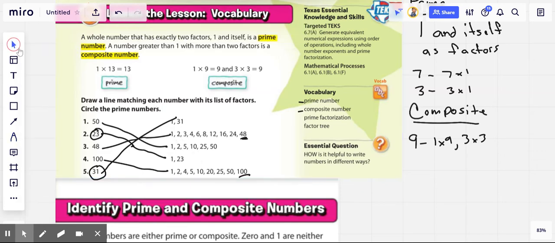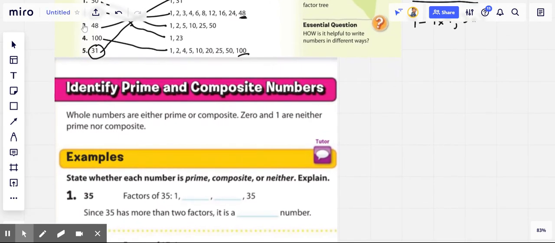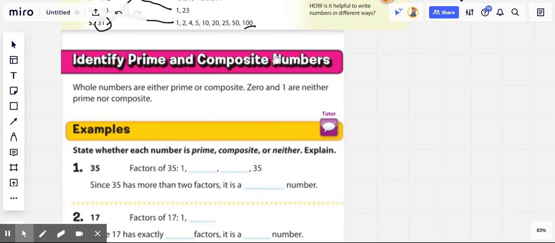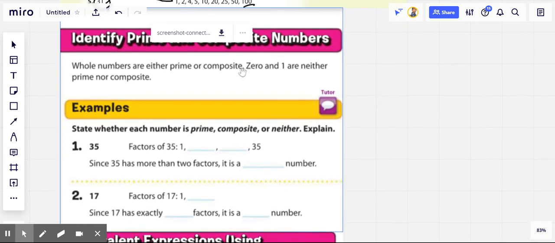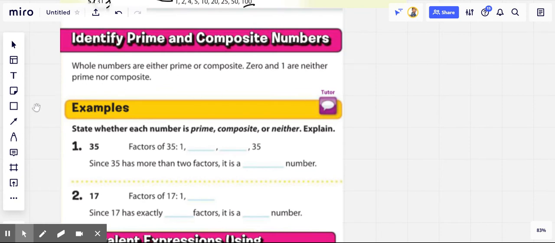Okay, let's keep on moving. It says identify prime and composite numbers. Whole numbers are either prime or composite. 0 and 1 are neither prime nor composite. The first one says state whether each number is prime, composite, or neither. Explain. So we have 35.